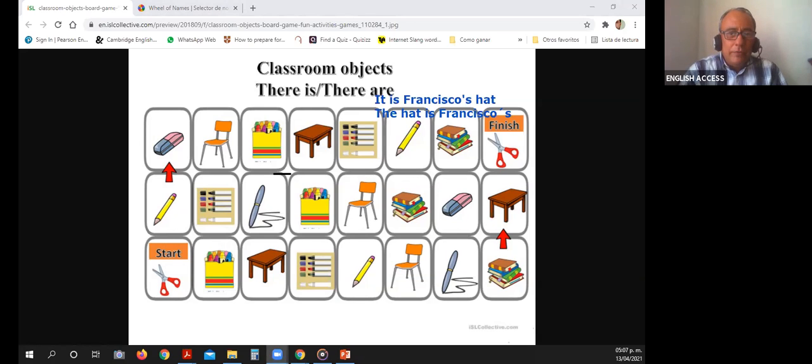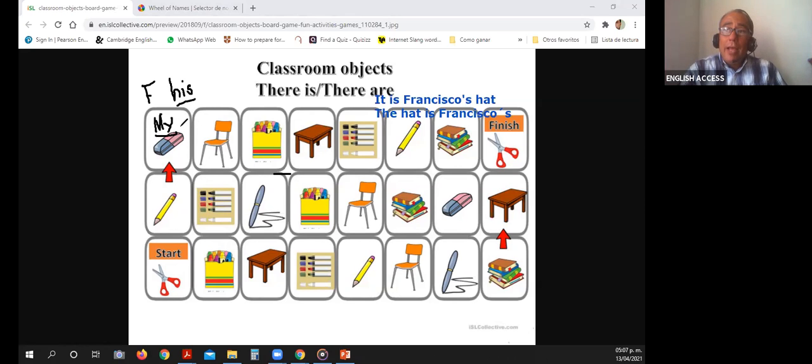But also, I can say it's my eraser. Es mi borrador. If it were Francisco's, it would be Francisco's eraser, or his eraser, using possessive adjectives.